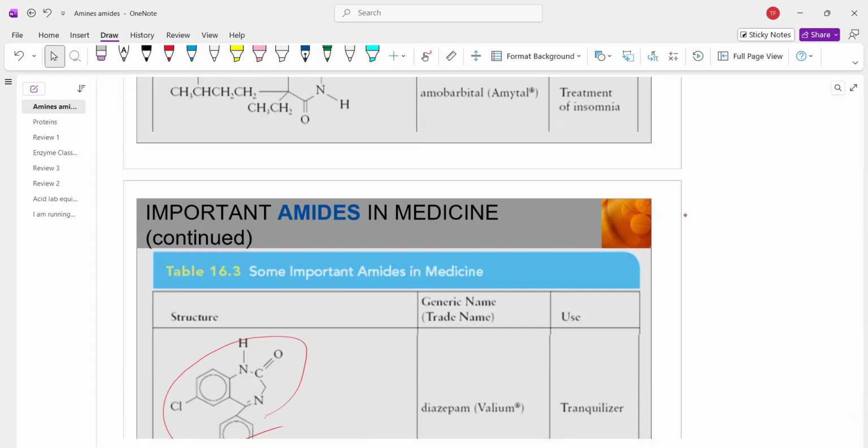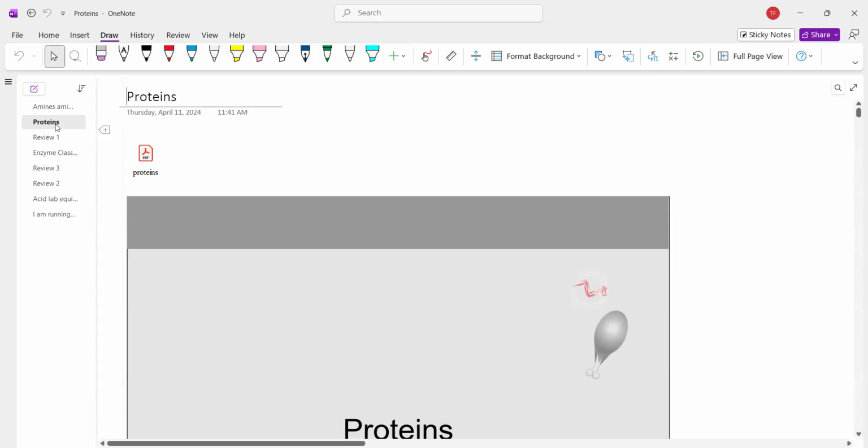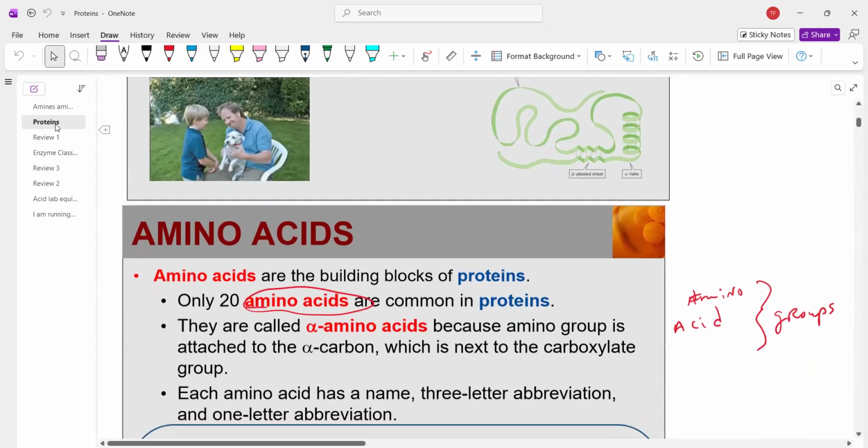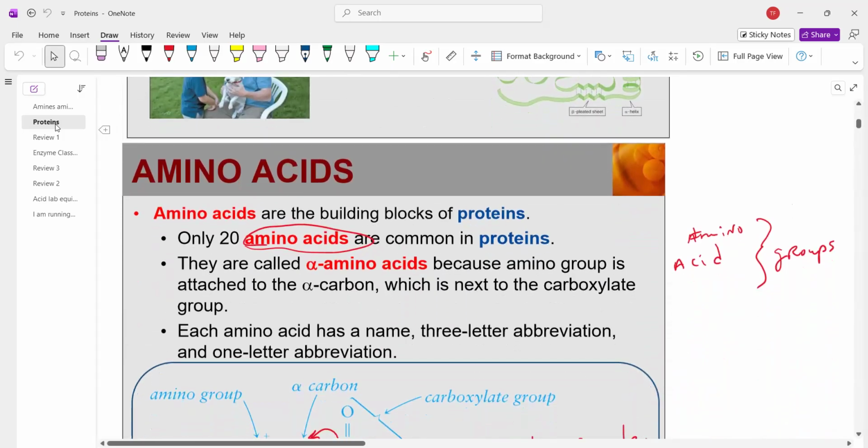Okay, so I want to touch upon proteins today. That's the second part of Unit 4. I want to start proteins today because we're going to be getting into enzymes and all kinds of stuff with proteins. Okay, so all of you already know that proteins are made up of amino acids, and there's lots of different kinds of amino acids. Amino acid is an amine group plus an acid.